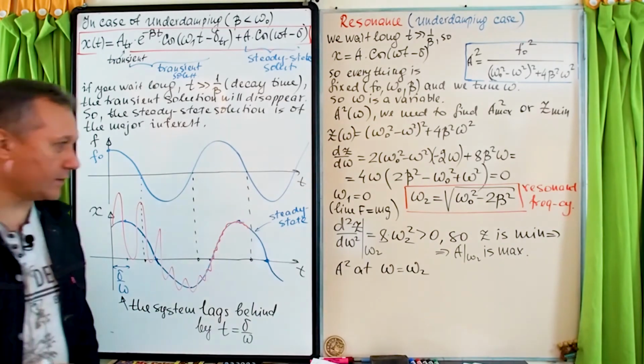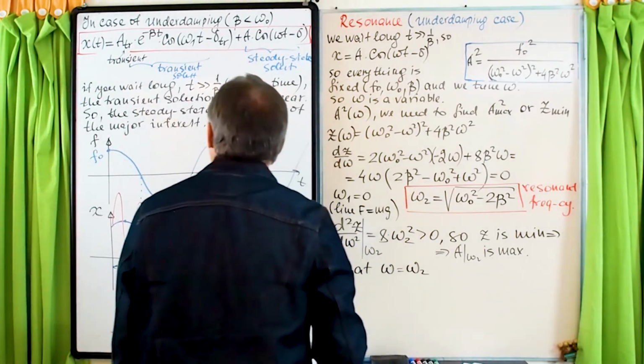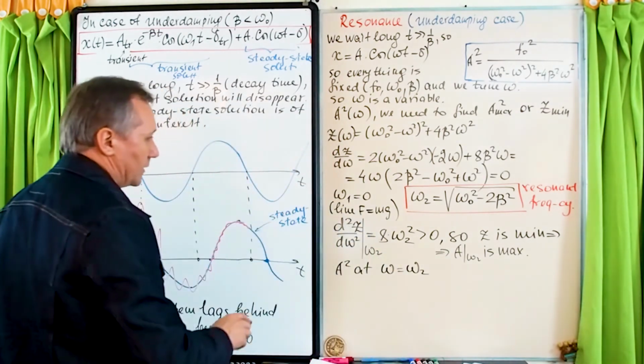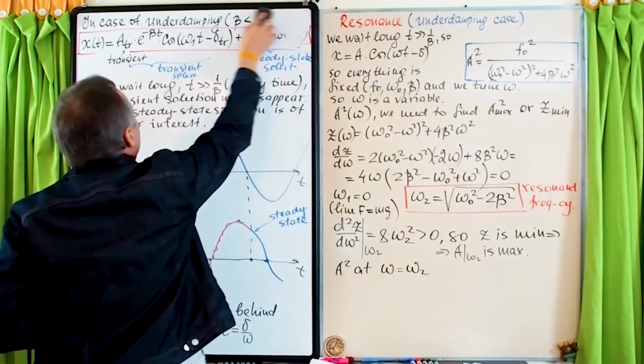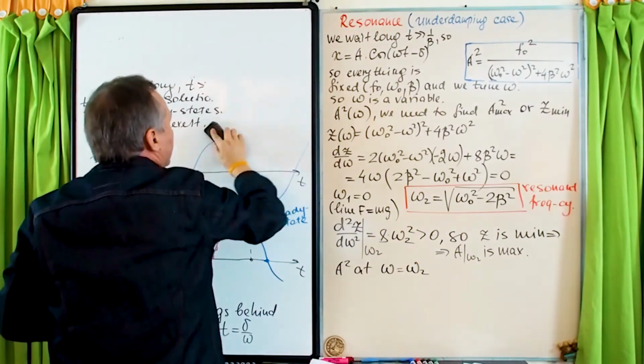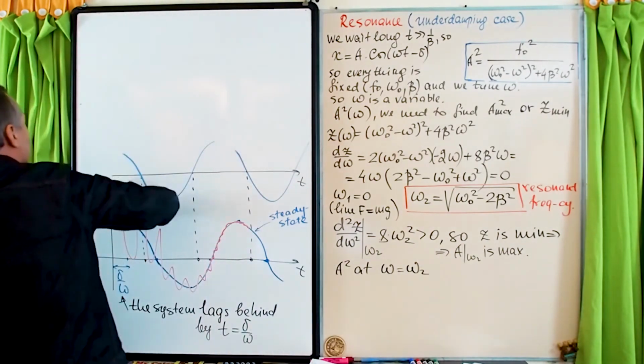So let's find the value of the amplitude. You know what? We are getting closer to the end of the class, and I can use this part because it's difficult to write over there. So now I don't have to think about space.